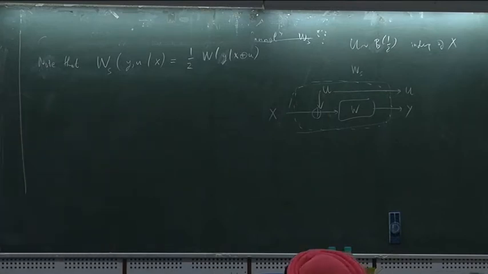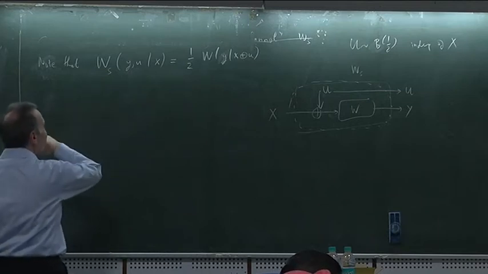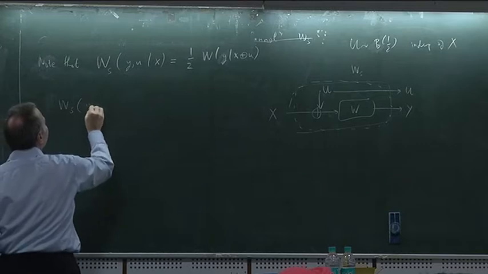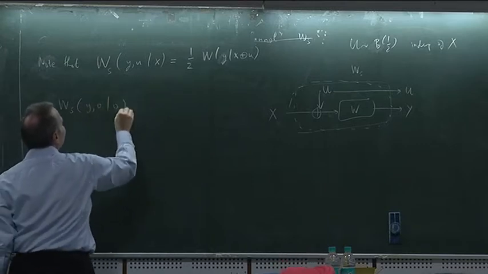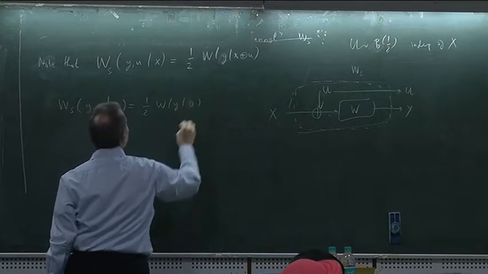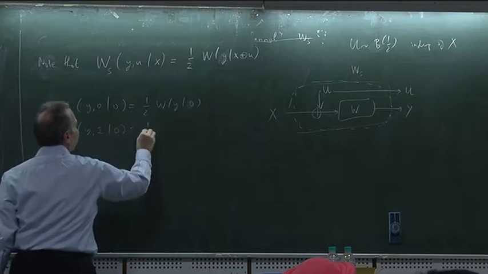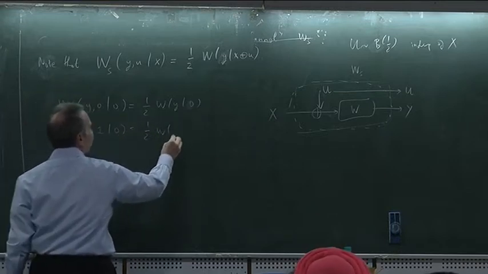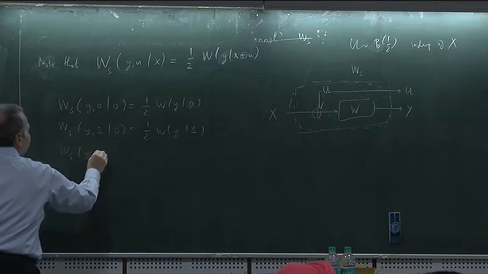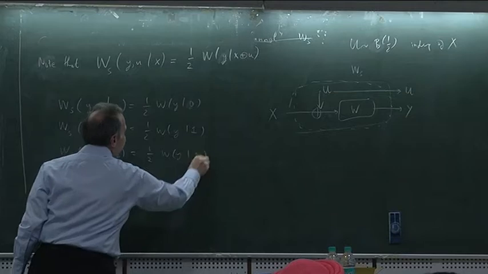So for example, WS of y comma 0 given 0 is half of W of y given 0. WS of y comma 0 given 1 is half of W of y given 1.